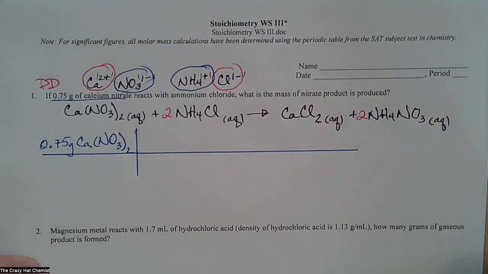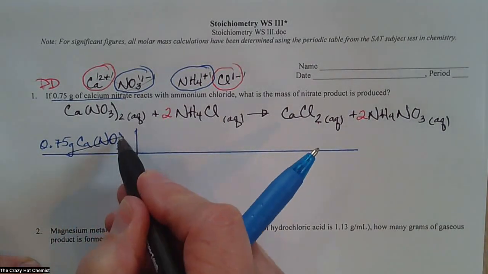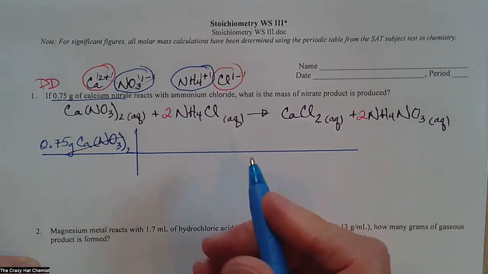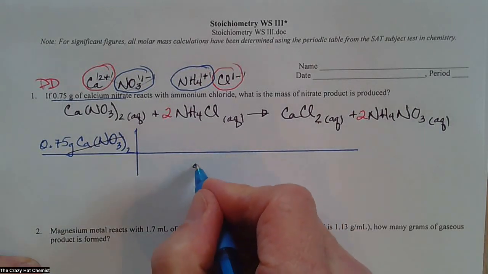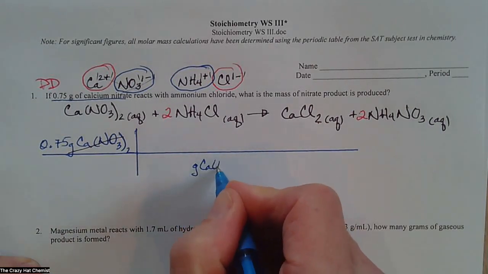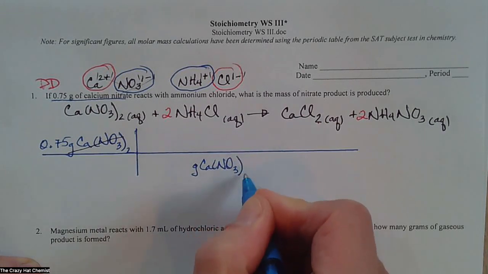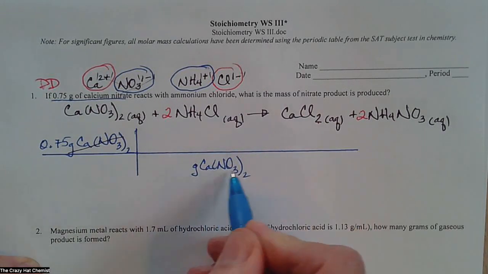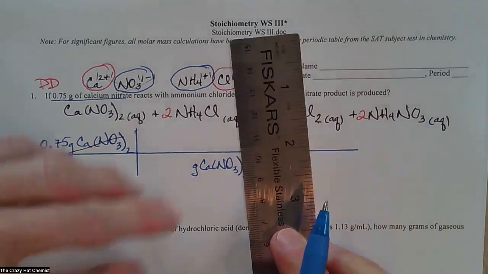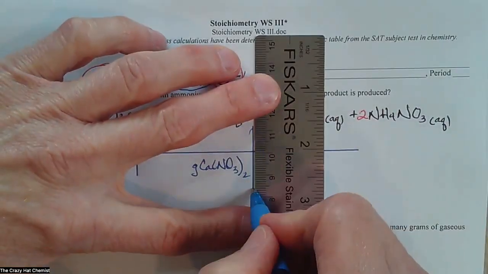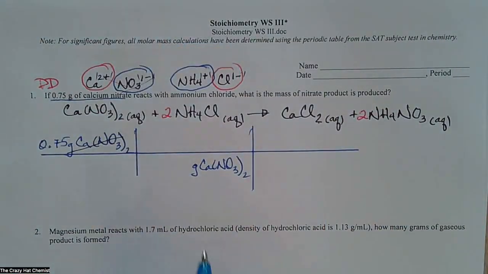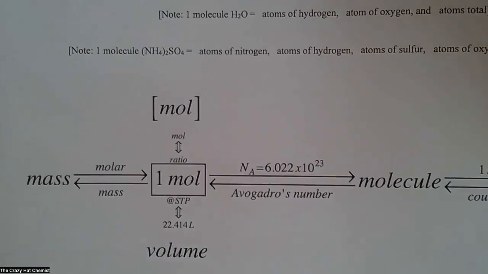What we want to do is cancel out the grams of calcium nitrate. In order to do that, I need to have grams of calcium nitrate down in the denominator for the units and the formula. All right, so I have done just that. Then I'm going to look at my flow chart.